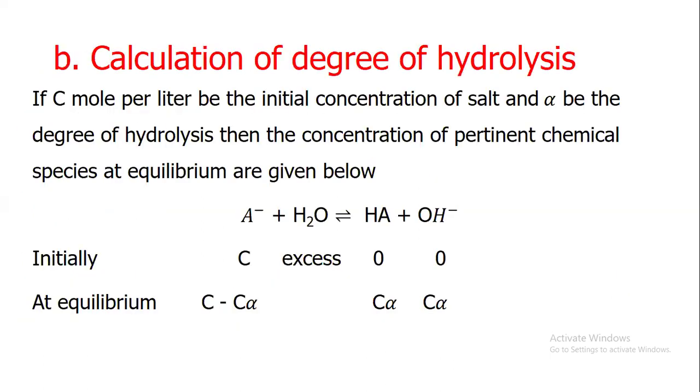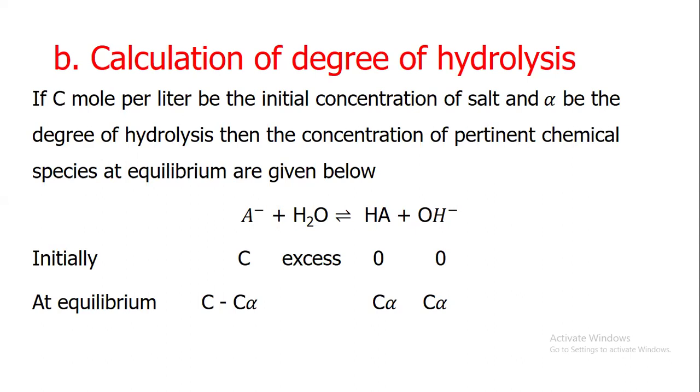Calculation of degree of hydrolysis. If C mole per liter is the initial concentration of salt and alpha is the degree of hydrolysis, then the concentrations of the pertinent chemical species at equilibrium are as follows. A minus plus water reacts to give HA plus OH minus. Initially, the concentration is C, water is in excess, and HA and hydroxide ion are zero.